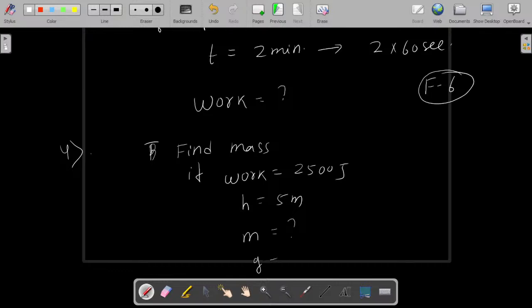Take g is equal to 9.8 meter per second square. Okay, so you try this question also. Think which formula we have to use.